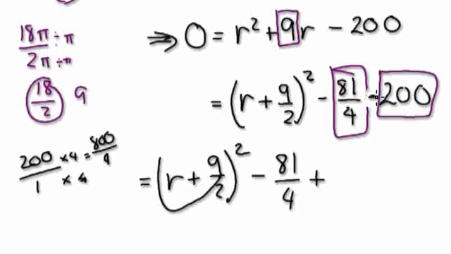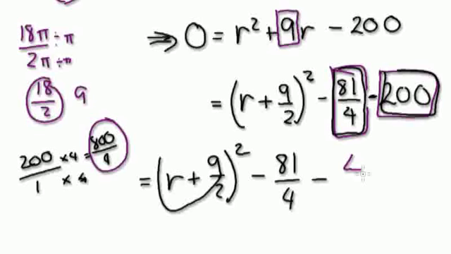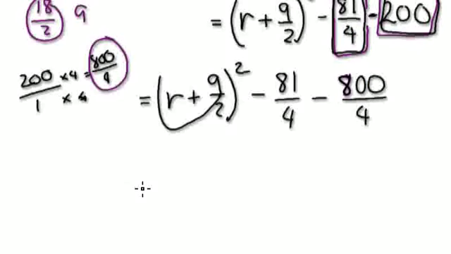Sorry, there's a minus here because look, this is a minus. It's just me being silly. So here you've got a minus, this here minus 200. But in order to merge these together, we need the two denominators to be the same. So rewrite the 200 as 800 over 4.